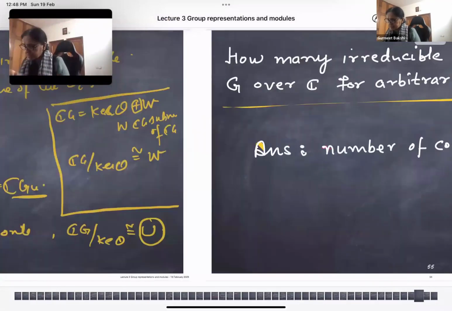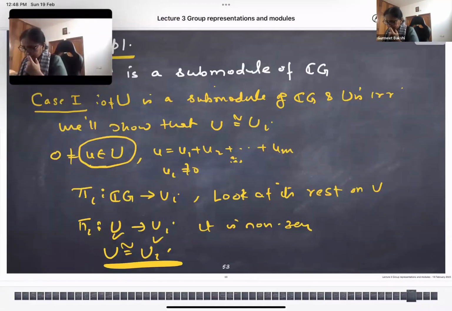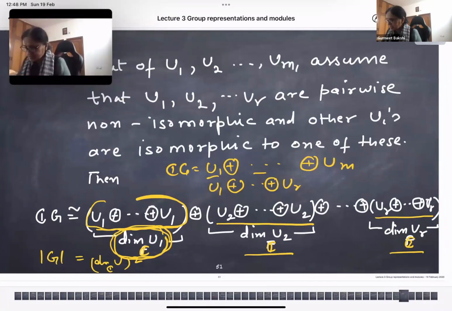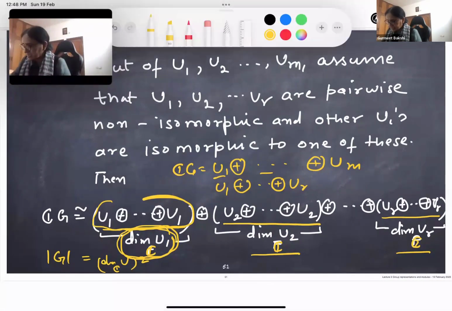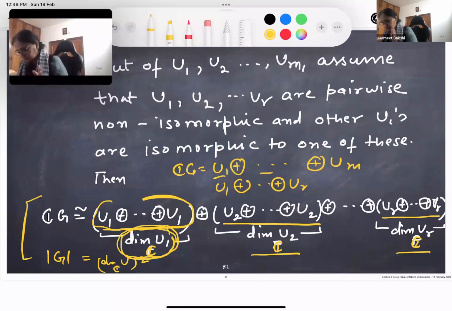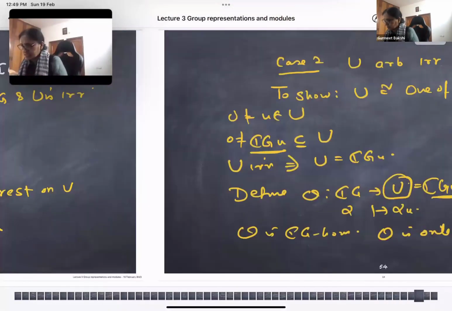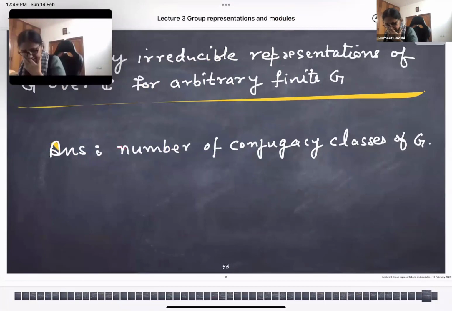And now I think the next part is a little more calculation. So maybe those interested can read the textbooks, that this occurs precisely these many times, and by computing the degrees, you get this.